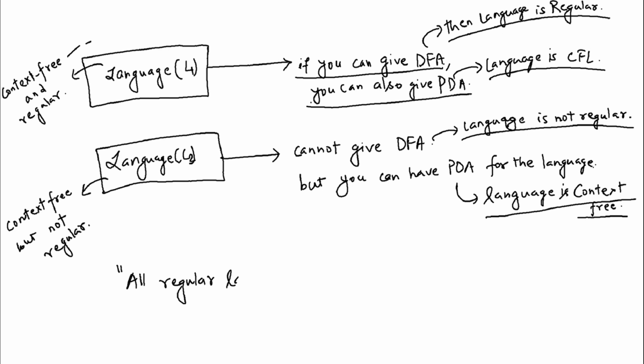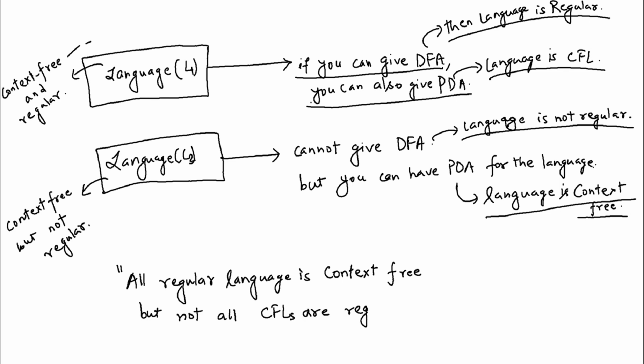All regular languages are context free, but not all context-free languages are regular. So you can have a context-free but not regular language. You can also have a context-free and regular language.